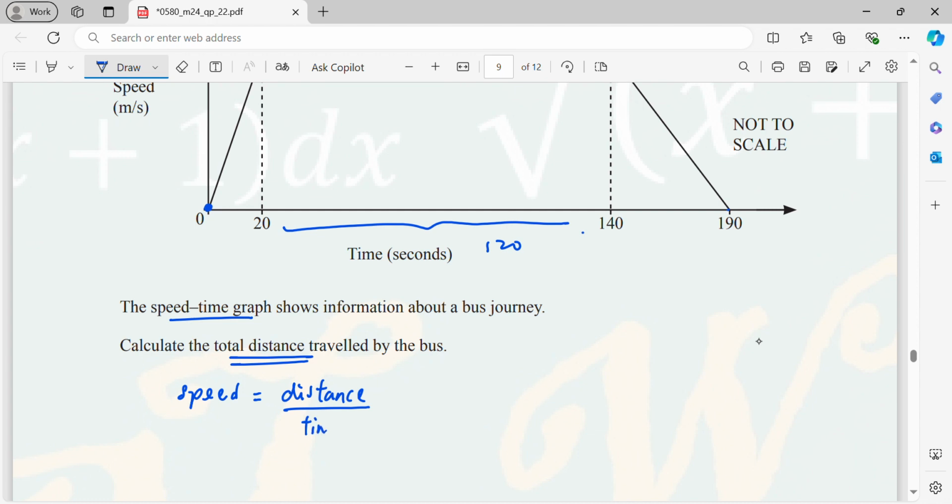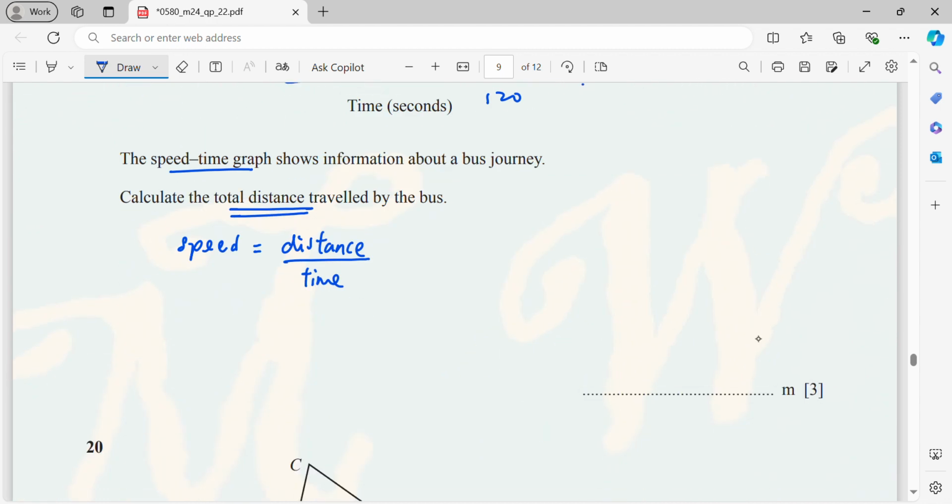Alright, so from here, we know that speed equals distance over time, because the speed unit is meters per second. So the meter is the distance unit. The second is the time unit. Therefore, speed equals distance over time. And now you need to find out the distance. Basically, distance will be speed times time.